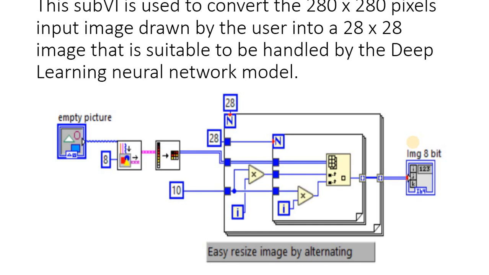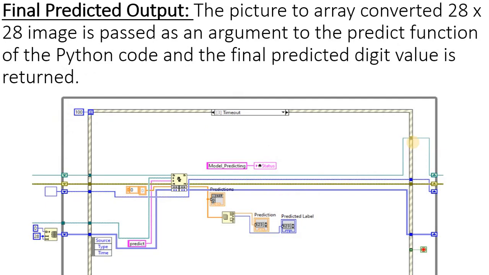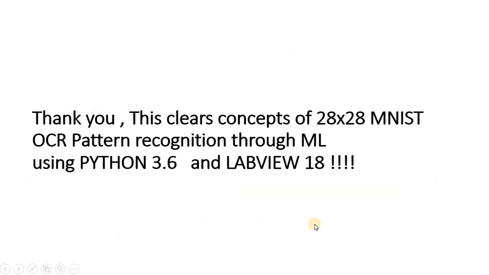This is a LabVIEW program which does that, and that is fed as the input to the entire system. And the final predicted output is on. You can see that this is a model predicting program which predicts any one of the numbers as the output.